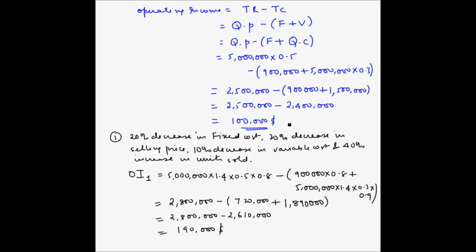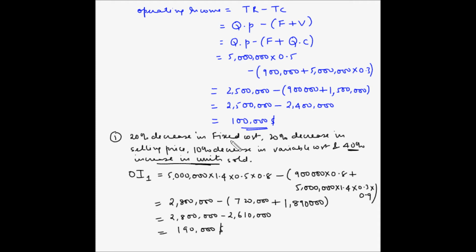And as compared to our original operating income of $100,000, this is an increase of $90,000. So here actually this thing is the biggest, which is the 40% increase in units sold, which is going to contribute in increasing your operating income.